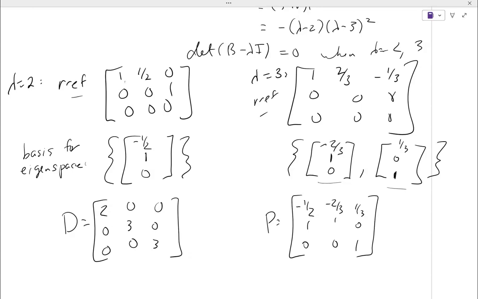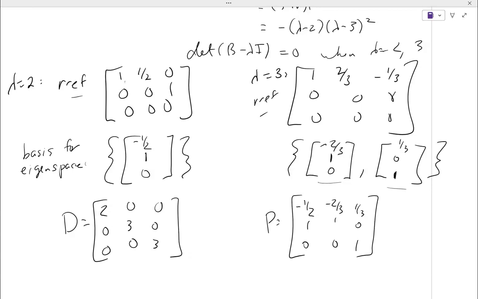I'll make that the P matrix, a 3 by 3. So I'm going to make this -1/2, 1, 0, then -2/3, 1, 0, then 1/3, 0, 1. And I'll make my D the diagonal matrix: 2, 0, 0, 0, 3, 0, 0, 0, 3.